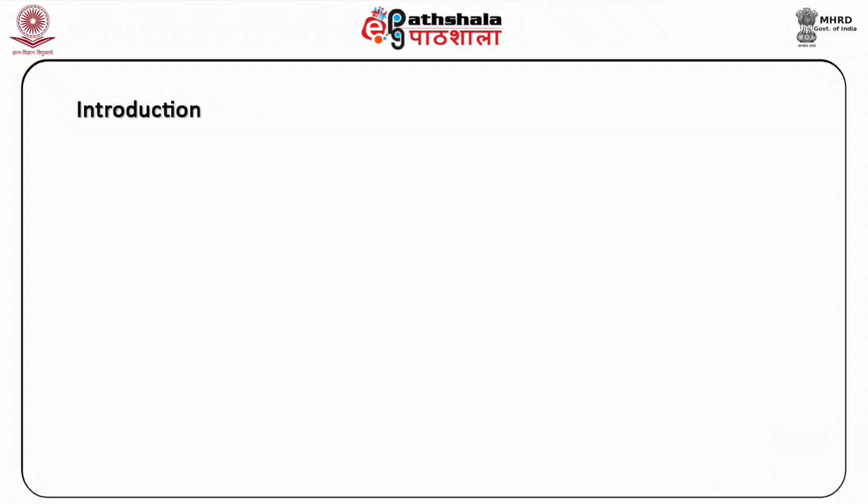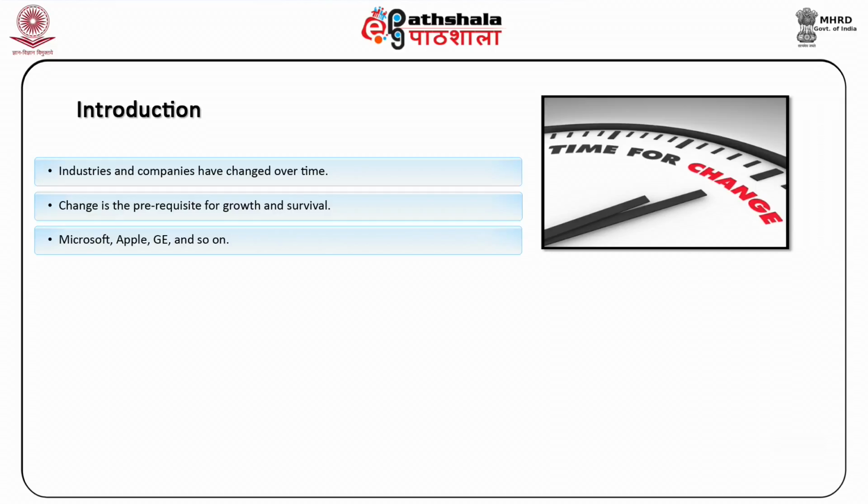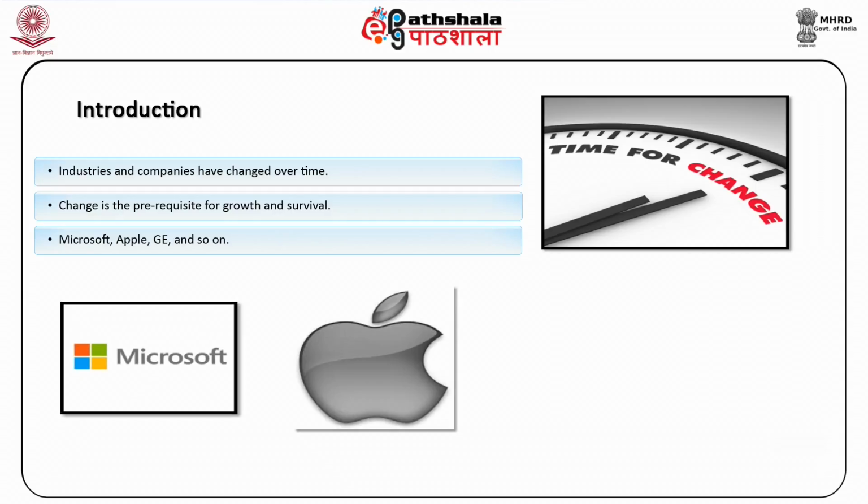Over the years, we have seen that industries and companies have changed. With passage of time, some have died out, some new ones have cropped up, and the rest have undergone significant changes. Change is the prerequisite for growth and survival. Companies that have been proactive in dealing with change include the market leaders like Microsoft, Samsung, Apple, and so on.